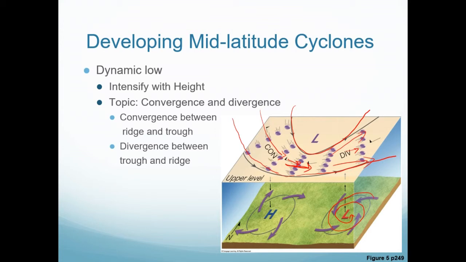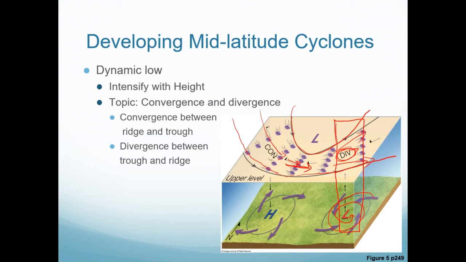Okay, the key to this is this divergence. Diverging means the air moves away from itself. The air separates, meaning air is moving away, therefore there is a loss of air mass in this column above the low pressure system.